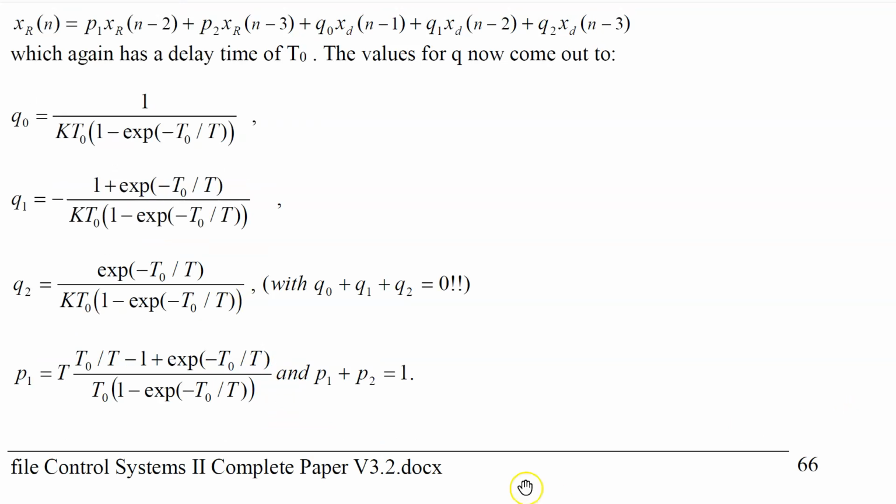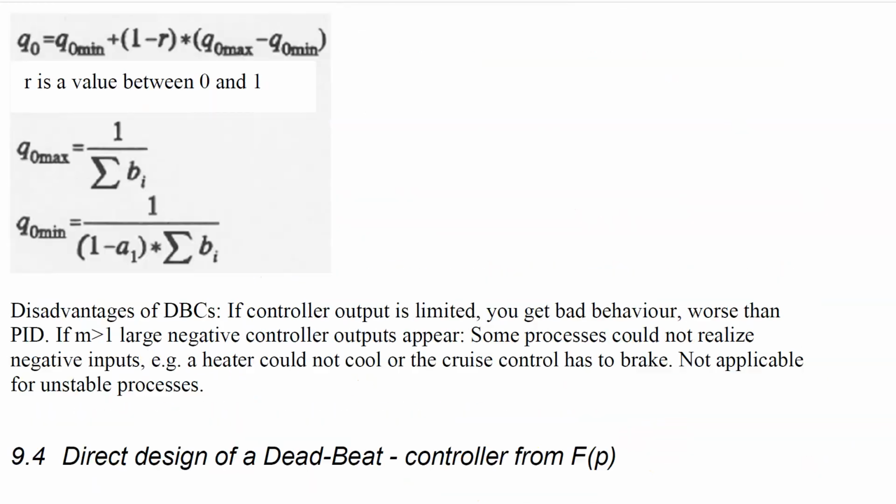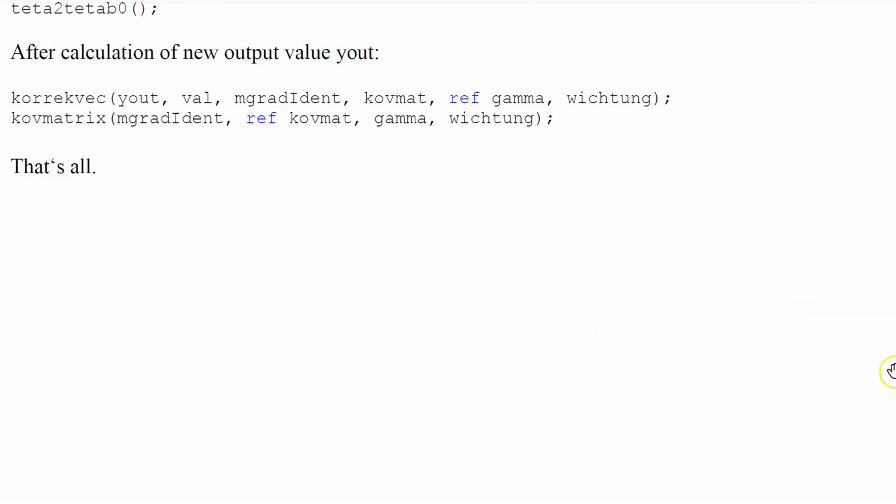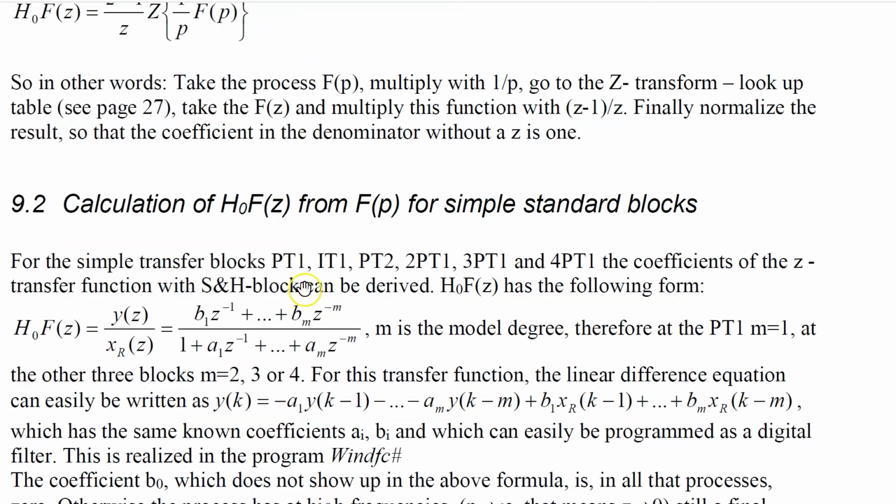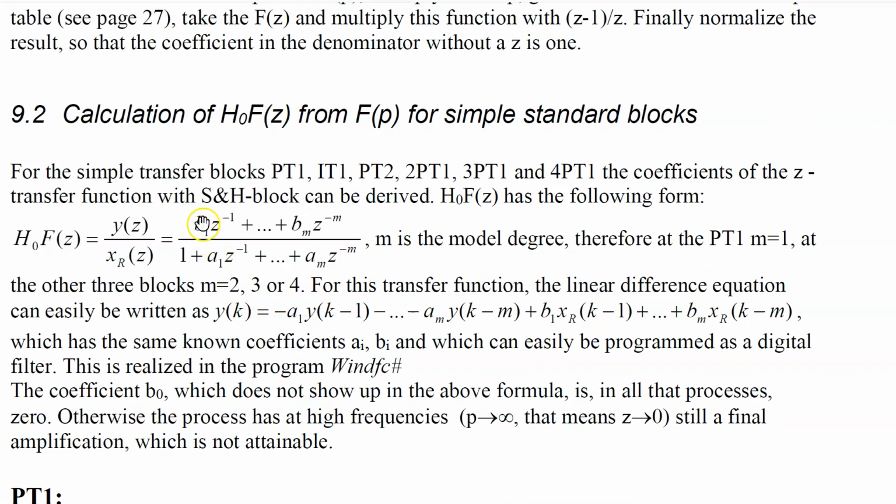One more hint for my paper: you see this is version 3.2. Now in the course you will find version 3.3, because I have seen that in this old document the process output is a Y and the controller output is an X index R. That's not fitting to other equations in my paper.